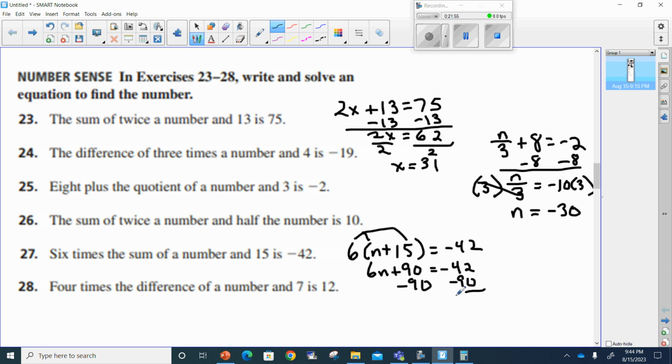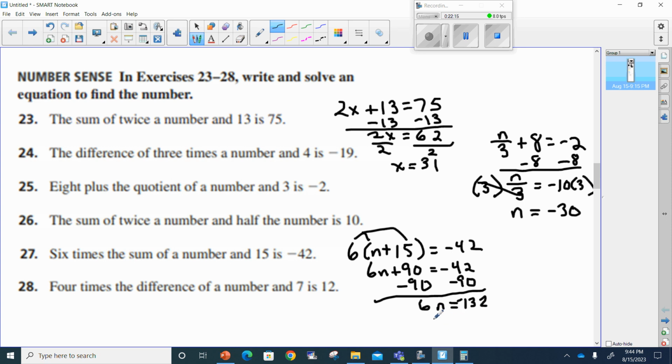So I'll subtract it away, leaving me with 6n is equal to, well, 2 plus 0 is 2, and 4 plus 9 is 13. And since they're all negative, this will be negative 132.